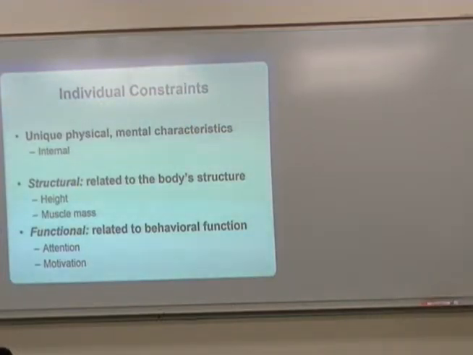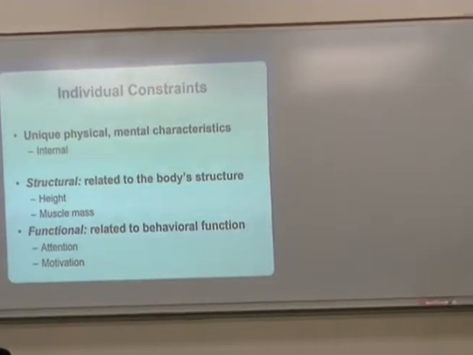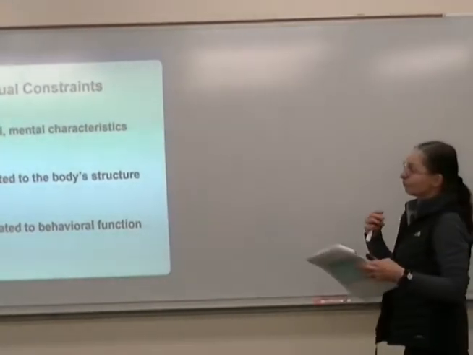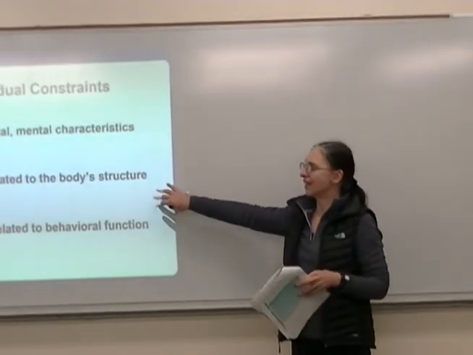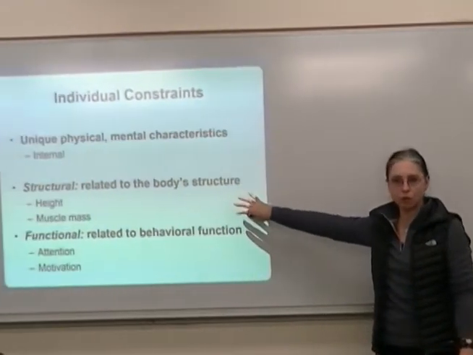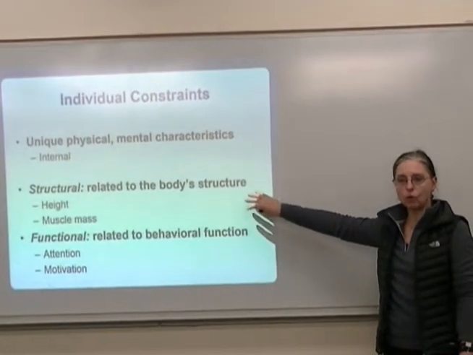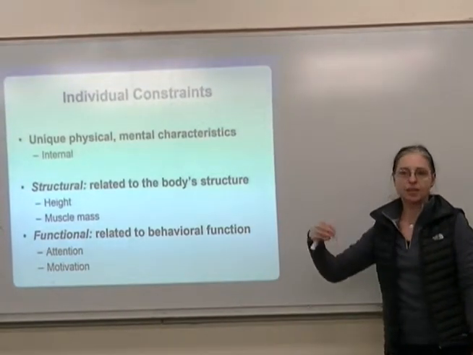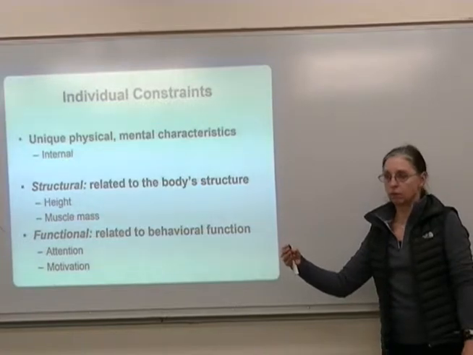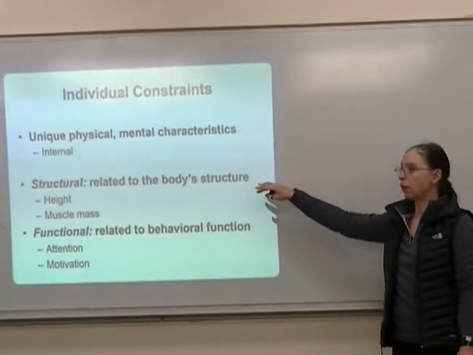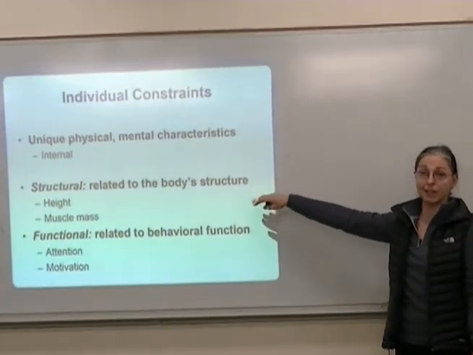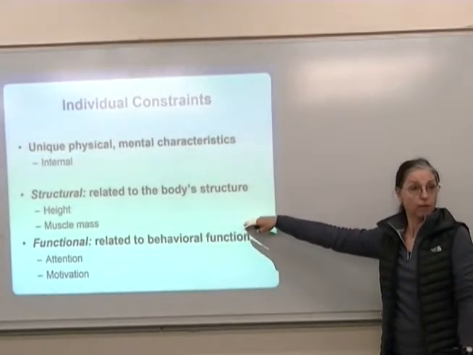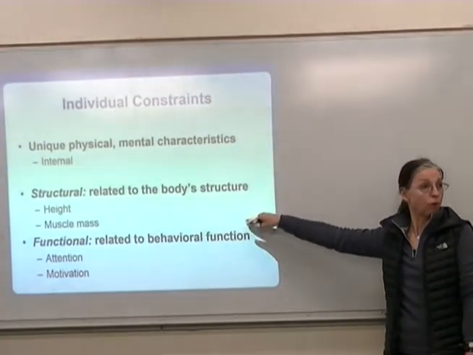And it's important to distinguish those because on any given day I can't really affect someone's structure. Right? In order to change a structural constraint takes time. And depending upon the particular constraint and the age of the person you're working with, you may not be able to change it at all, right?